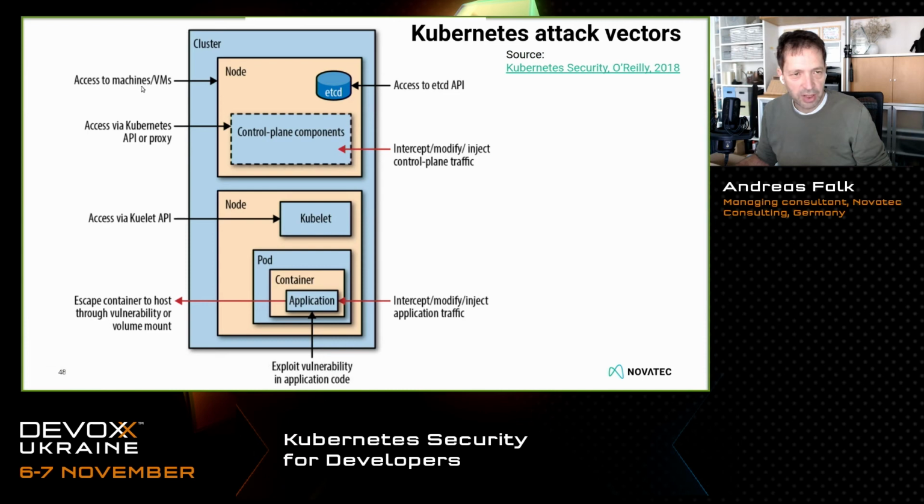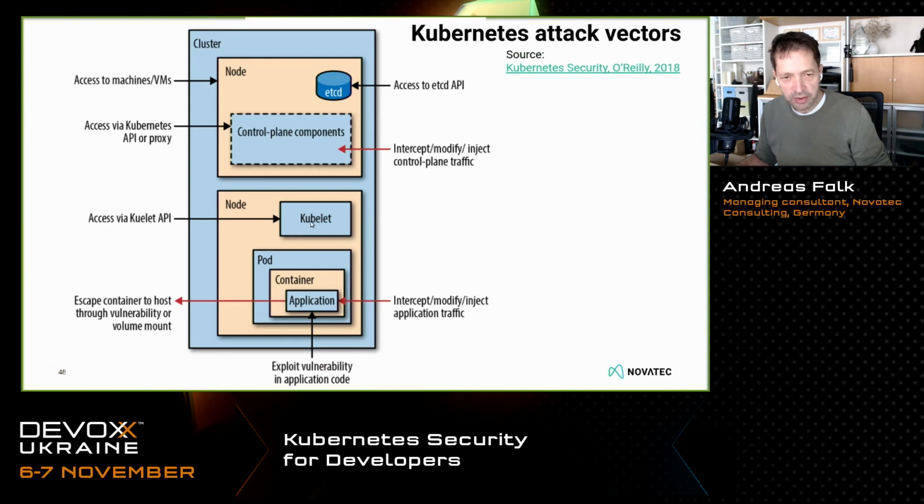You can also access machines, VMs inside here, which is one goal the attacker wants to achieve. Intercept control plane traffic here. Access the kubelet directly, which is the component that takes care of running your pods on the worker node.